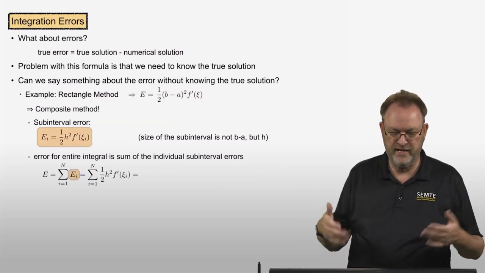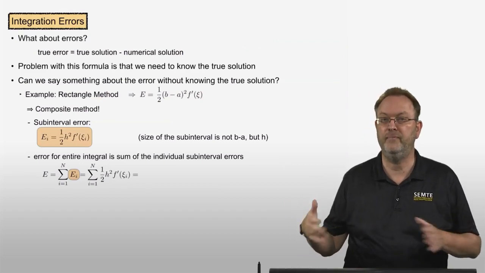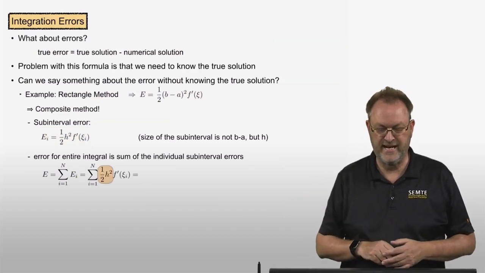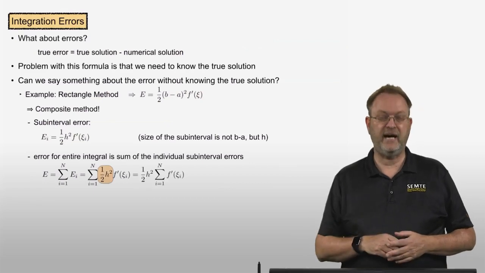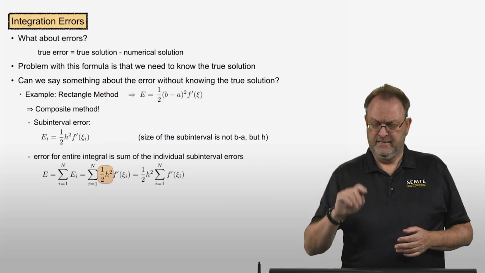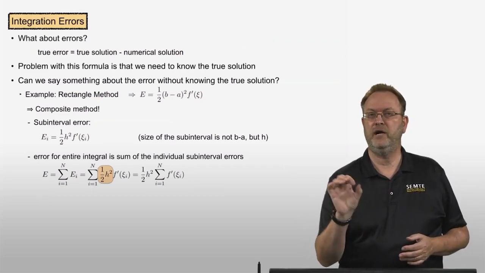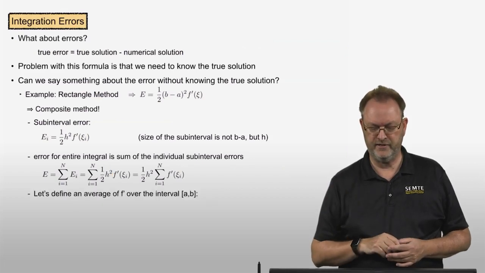We substitute this in. It's the sum from I equal 1 to n over half h squared f prime at these unknown locations psi I. We factor out the half h squared. And so now what I have is the sum of the derivatives evaluated somewhere within each subinterval.